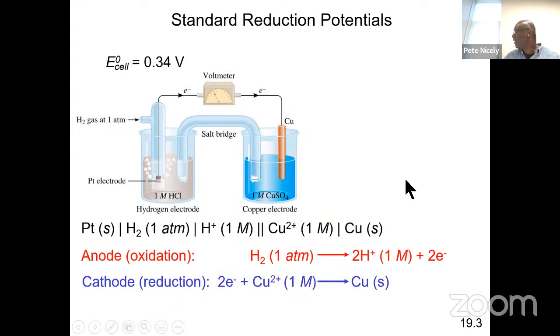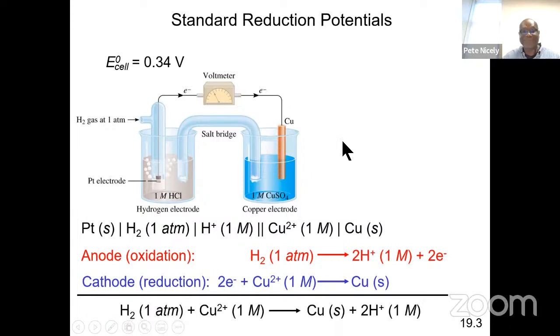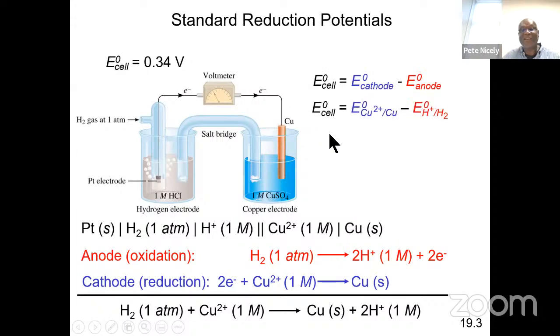Also, let me just say that when this is set up, it was determined that the EMF of the cell is 0.34 volts. Now remember, by definition, the standard EMF of the cell is always going to be cathode minus anode in terms of their respective potential values. So since the EMF of the cell is 0.34 volts, you're going to put that here. For the cathode, that would be the Cu2+/Cu electrode, so that's E0 for Cu2+/Cu.